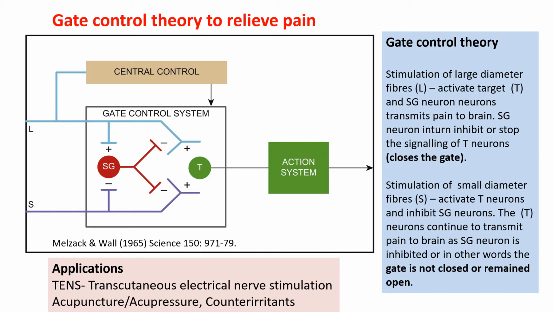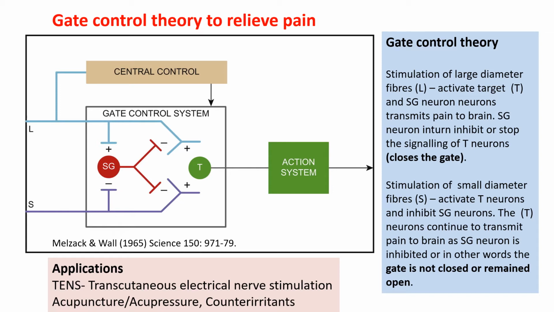This forms the basis for a number of pain relieving applications, especially nerve stimulation, that means transcutaneous electrical nerve stimulation to relieve pain, wherein you stimulate the large diameter fibers to suppress the pain, or inhibit the pain, or close the gate.